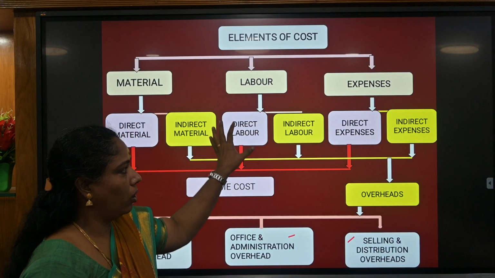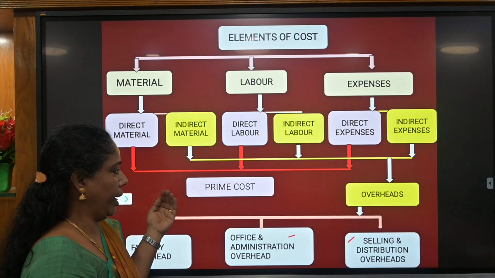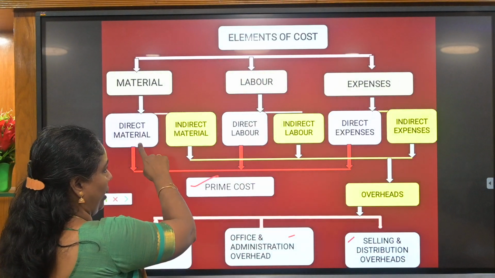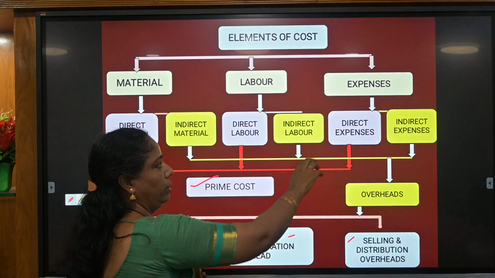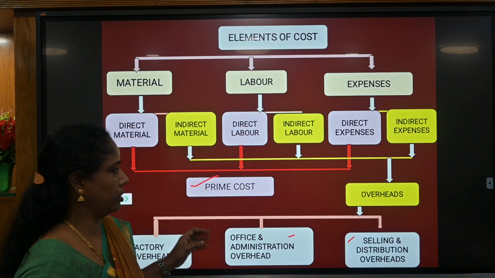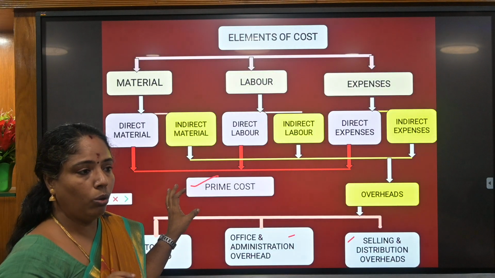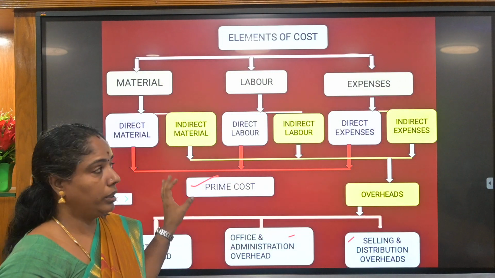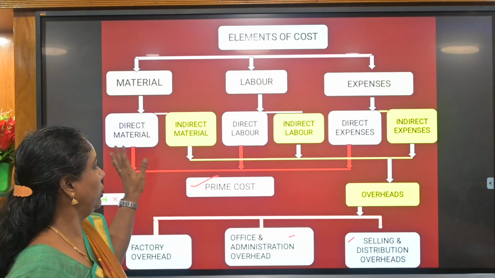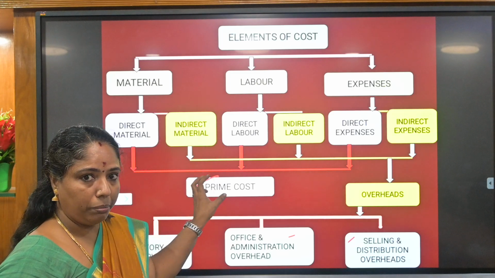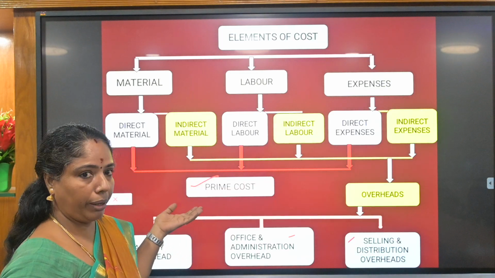If we add all the direct things, direct material, direct labor and direct expenses, it is known as prime cost. It is an important 2-mark question: what is meant by prime cost? The summation of all direct material, direct labor and direct expenses is called prime cost.